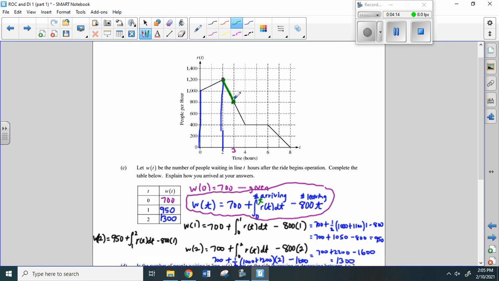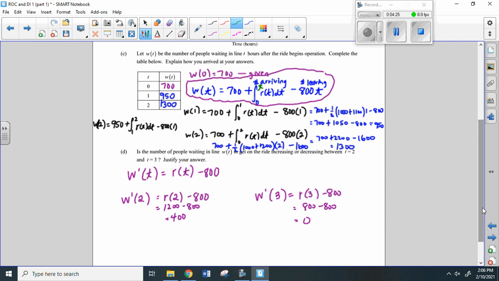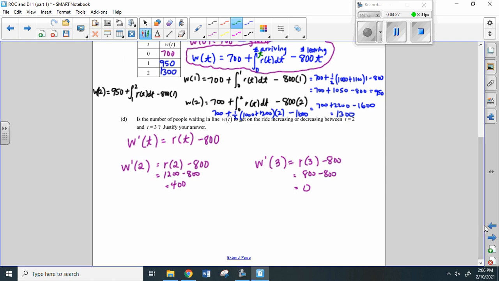And so if I subtract 800 from any of those values, I will always be greater than or equal to 0. So if I'm just talking about between time 2 and 3, then I know that I will be positive the entire time. So if I'm positive the entire time, then the number of people waiting in line to get on the ride must be increasing the entire time.